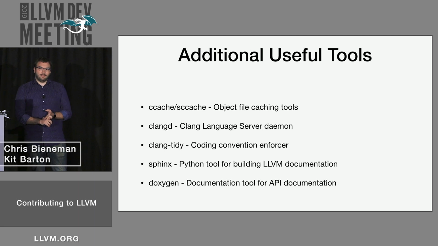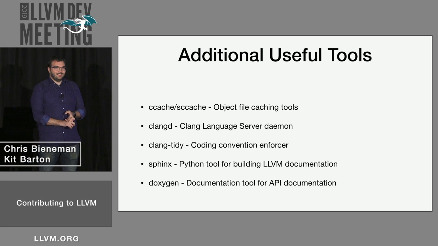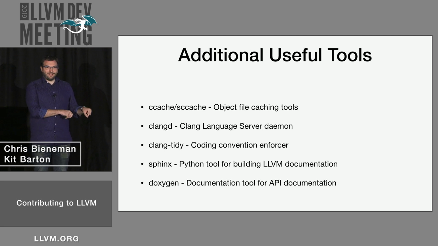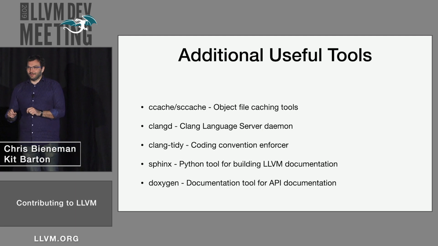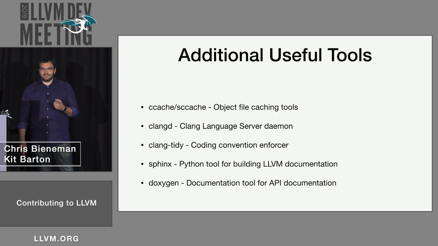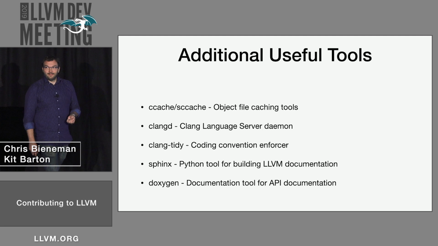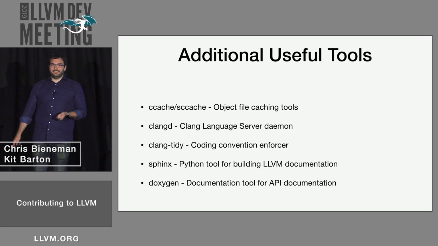Clang Tidy is another coding convention enforcer. I will note that the LLVM codebase is neither 100% clean for Clang format nor Clang Tidy, so we'll talk a little bit about how to use those tools effectively. And if you make changes to our documentation, we have Sphinx and Doxygen as our documentation building tools. Have I lost anyone yet? I know this is a bunch.